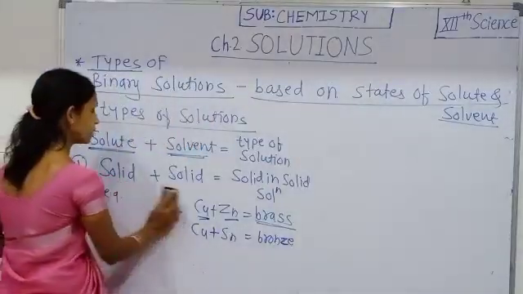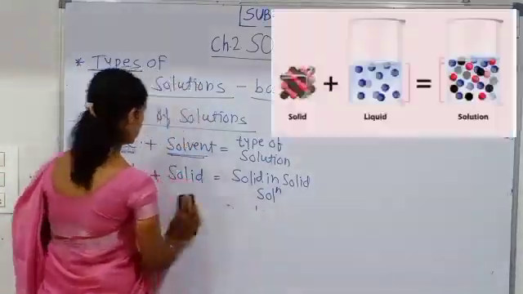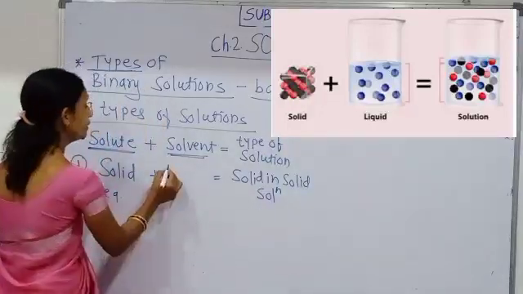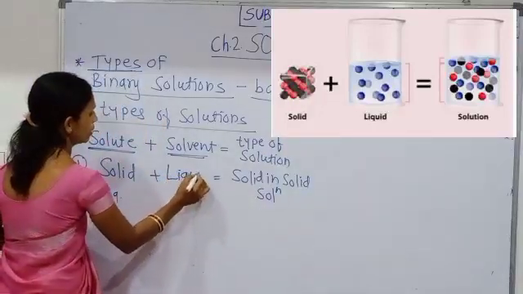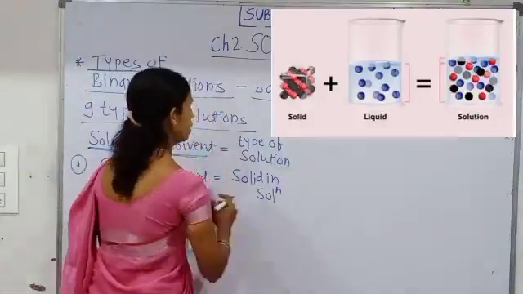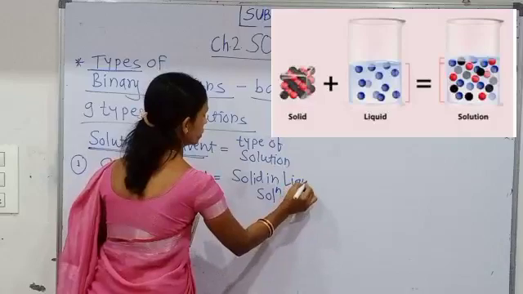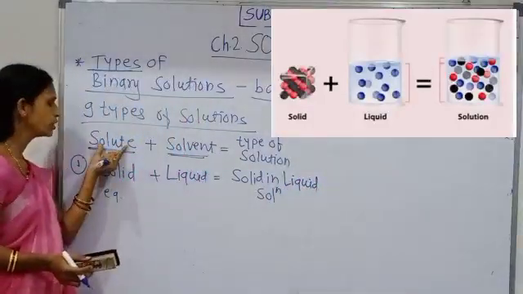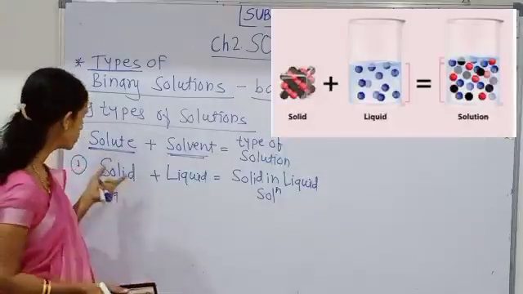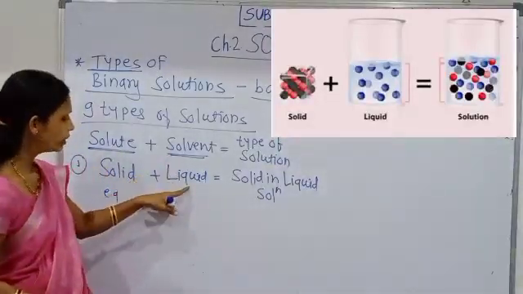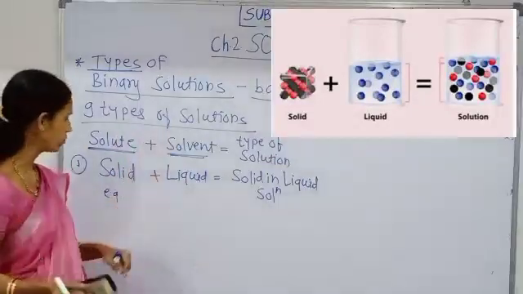Then the second type is solid in liquid type of solution. Here the solid should be in a very small amount, while the liquid is in larger or excess amount.